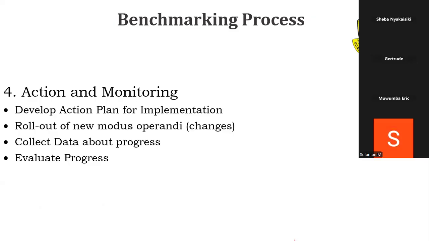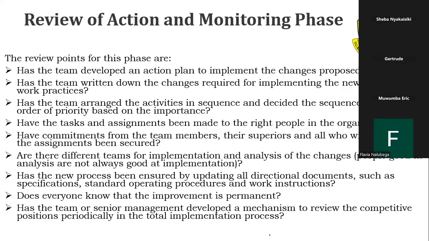The fourth is action and monitoring. So we develop an action plan for implementation, rollout of new modus operandi, the changes, collect data about the progress, then evaluate the progress. So here the team has developed an action plan to implement the proposed changes. You first of all identify if you have developed that action plan. Has the team written down the changes required for implementation?